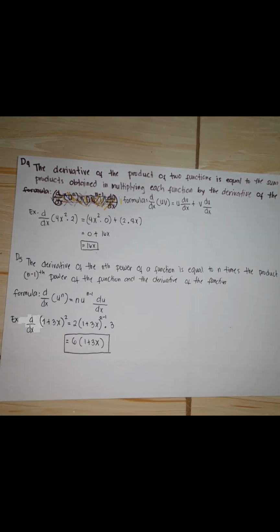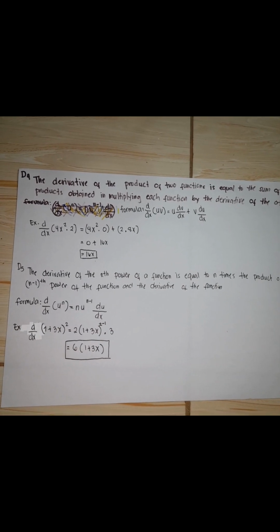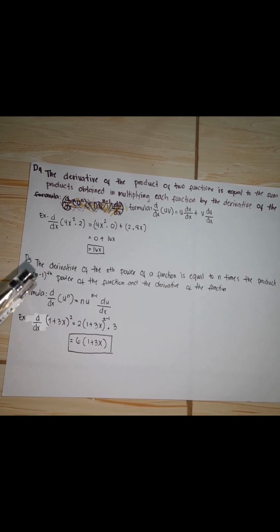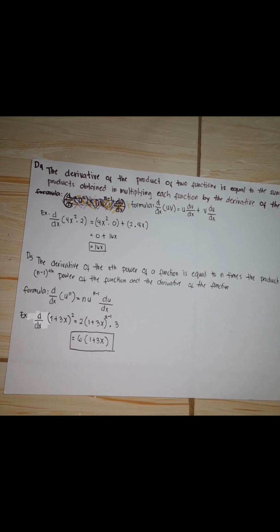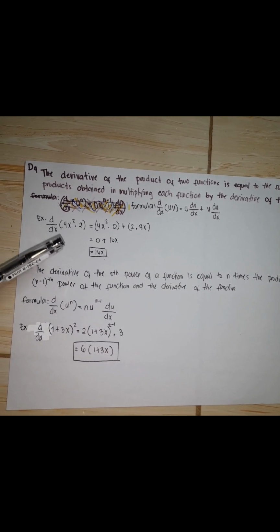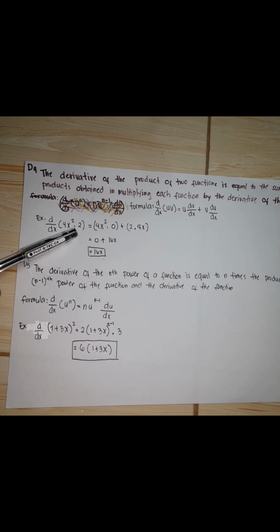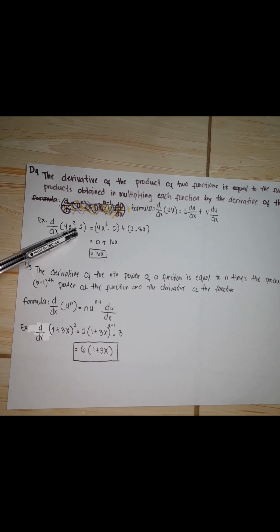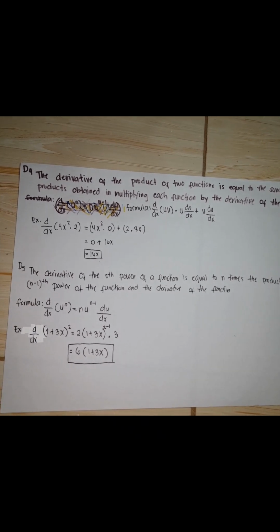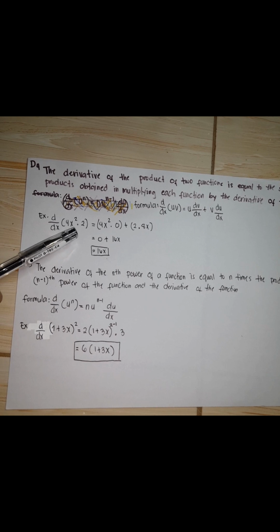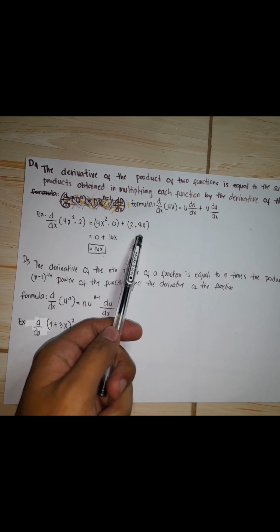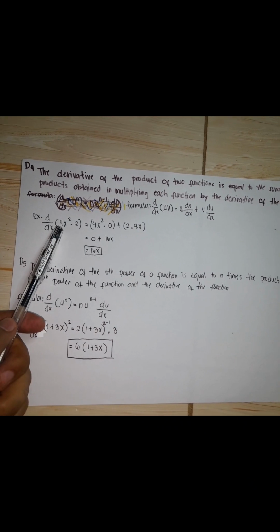So first, the u is 4x squared, then times derivative of v. So v is number 2. So the derivative of 2, it is a constant, so it means it is 0, plus v is 2, then times the derivative of 4x squared.